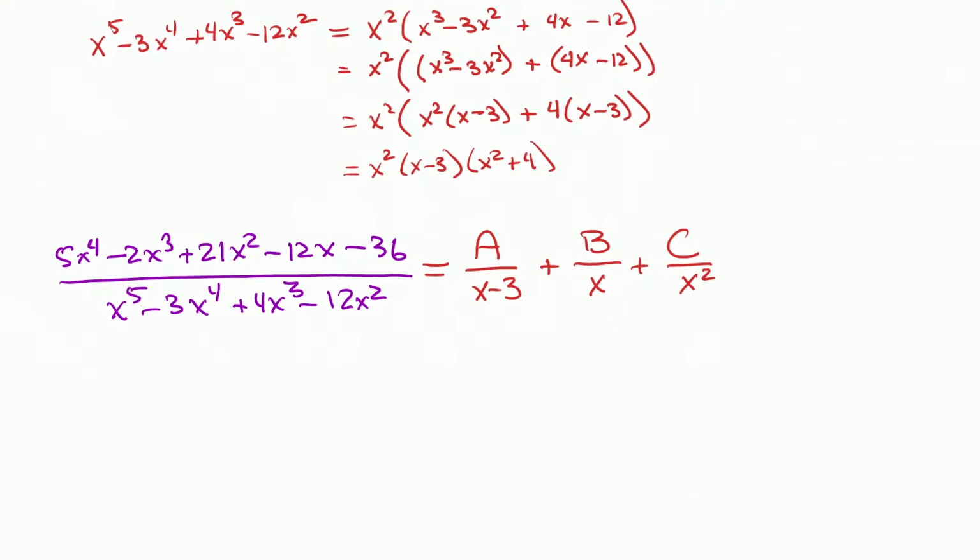The final frontier is what to do with that x squared plus 4. Well, x squared plus 4 deserves its own fraction. It can't be factored any further. But unlike the linear factors, x squared plus 4 is going to get a linear numerator.